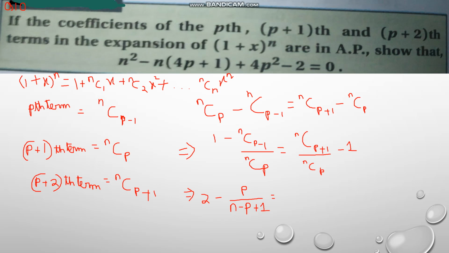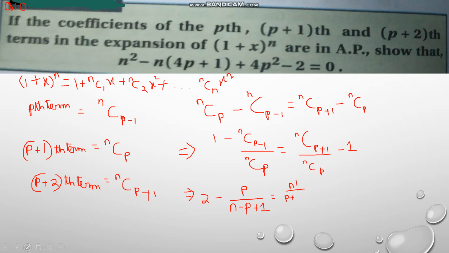We have to simplify this thing, right? Let's simplify. This is n factorial by (p plus 1) factorial.